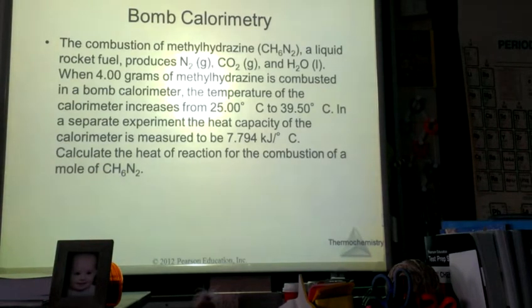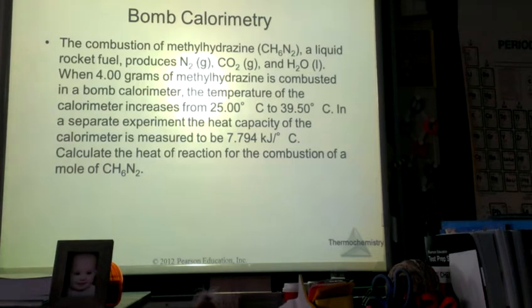Okay, so let's maybe do an example of this. This says that the combustion of methylhydrazine, which is CH6N2, and that's just liquid rocket fuel, produces nitrogen gas, carbon dioxide gas, and then water. When 4 grams of methylhydrazine is combusted in a bomb calorimeter, the temperature of the calorimeter increases from 25 degrees Celsius to 39.5 degrees Celsius.